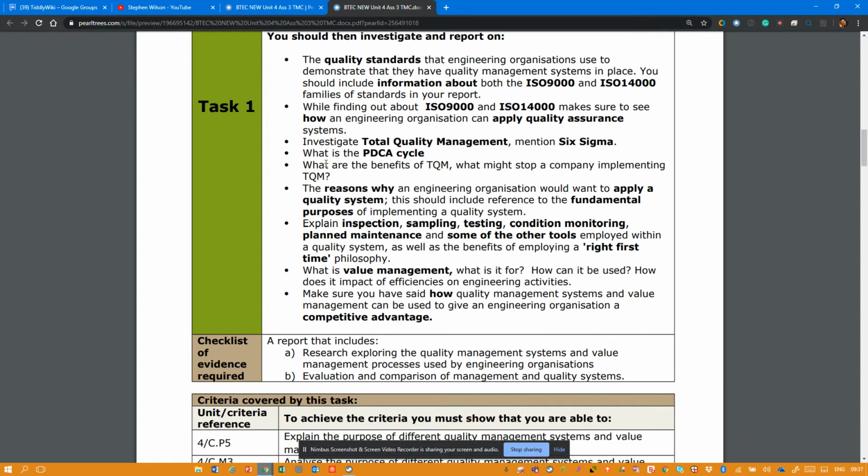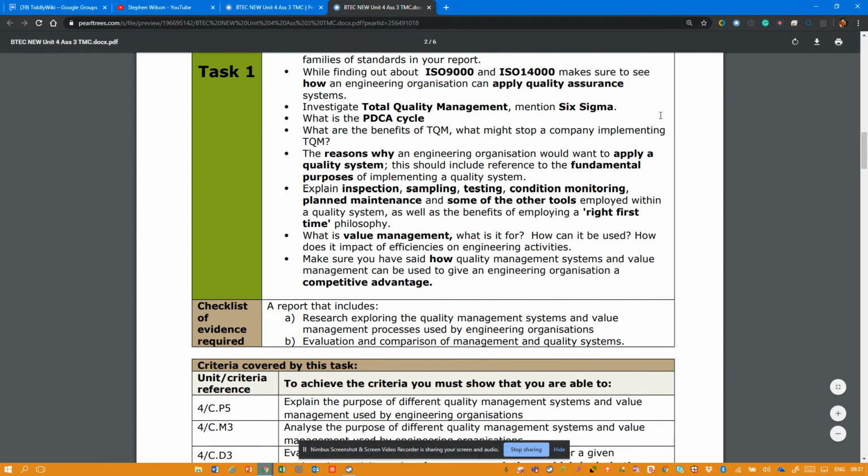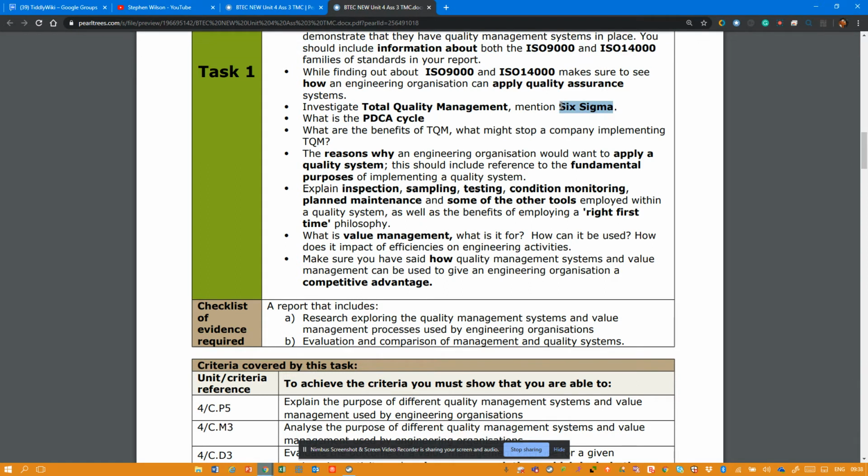Okay, the current leader on total quality management is I think Six Sigma. Six Sigma is quite complicated and quite involved. You get a qualification in Six Sigma, and you can charge lots of money being a consultant to go around places to help them achieve Six Sigma accreditation.